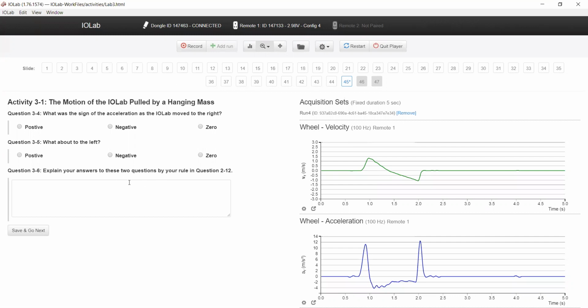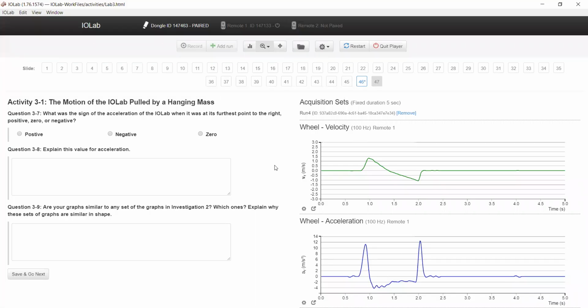If we are speeding up in a certain direction, the acceleration has the same sign as the direction, and when slowing down in any direction, the sign of the acceleration is opposite to that of the direction. We are slowing down in the positive direction, so the sign has to be negative. When speeding up in the negative direction, the sign is also negative, so it was always negative. Go ahead, explain it here, and then save and go next.